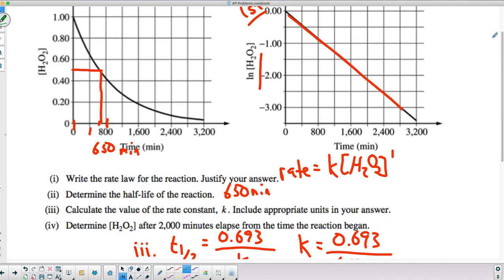From the graph of the concentration on the left-hand side, at 2,000 minutes it goes right to there, and I go straight over like this, and that looks like it's point. Yeah, I don't think I did that very well. Let's see if I can do this a different way. Yeah, that's not going to work. There we go. Get rid of that stuff. There we go. Good.